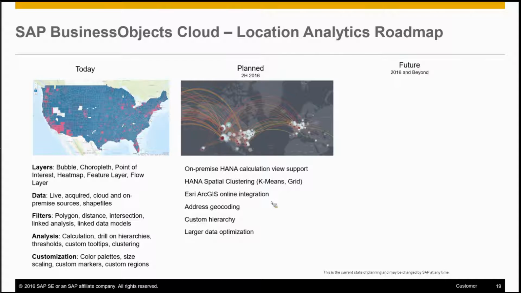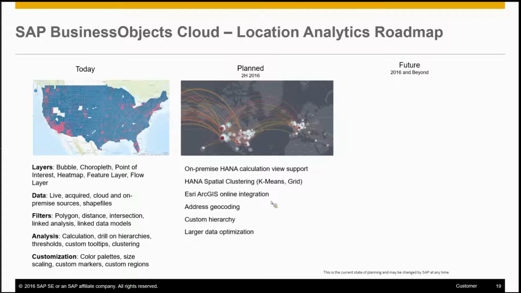Now the geocoding, I'll mention that because there was a question around geocoding. We are going to be adding geocoding support. Currently you need to geo-enrich based on lat long, or have a geo-enriched underlying HANA view. We will be adding native geocoding to Business Objects Cloud, and we will be pushing that out to a service so that we can then geocode based on the information that's provided there.